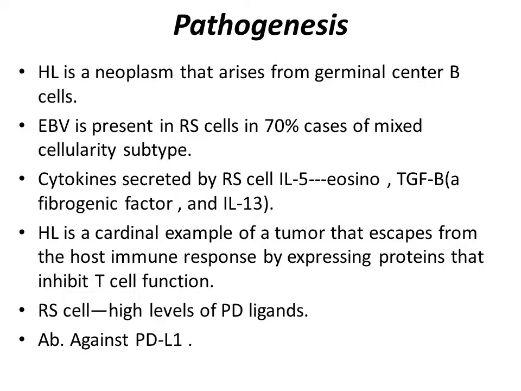Now, what is the pathogenesis? Hodgkin lymphoma is a neoplasm that arises from germinal center or post-germinal center B cells.